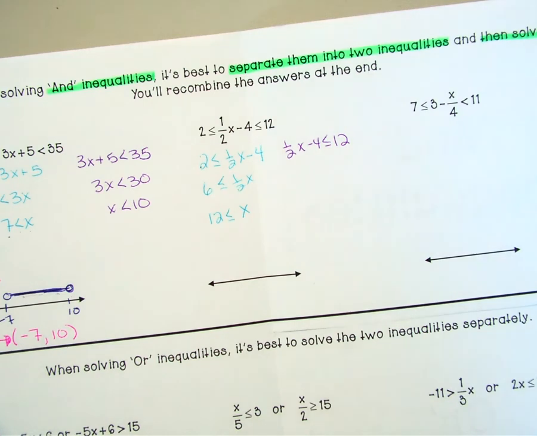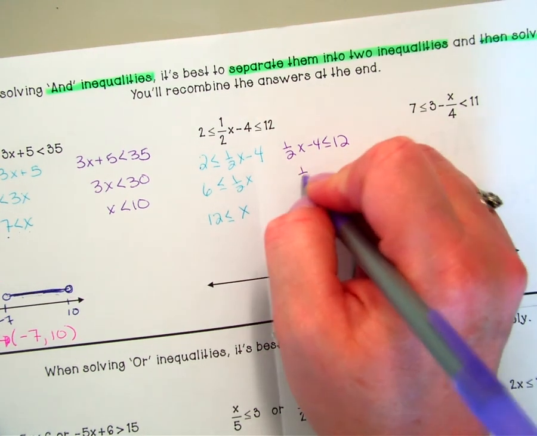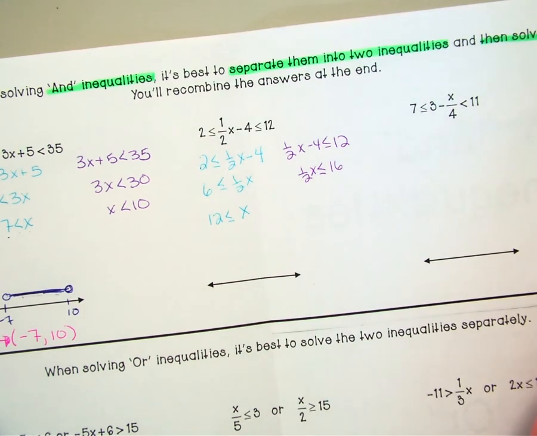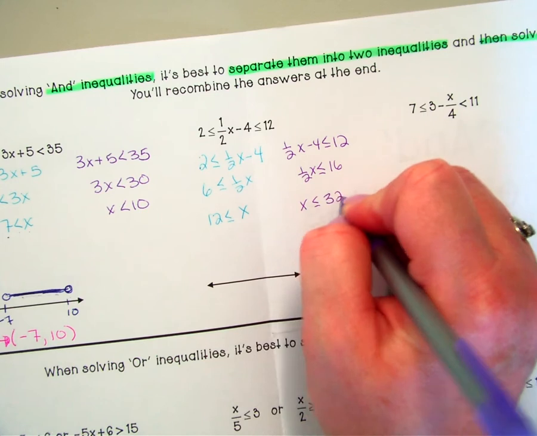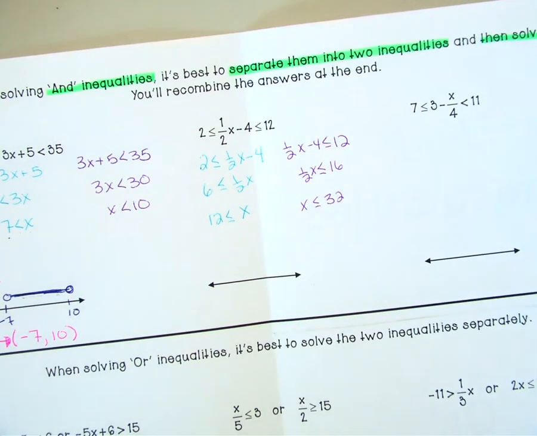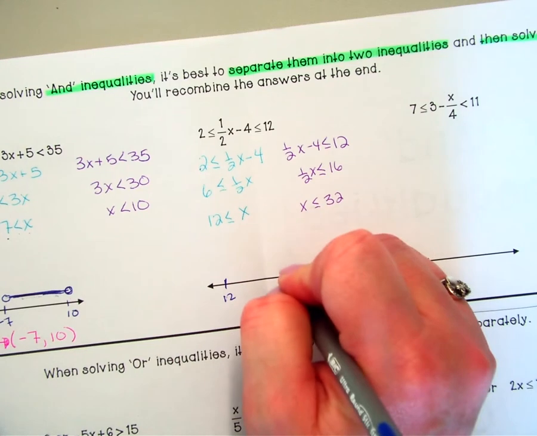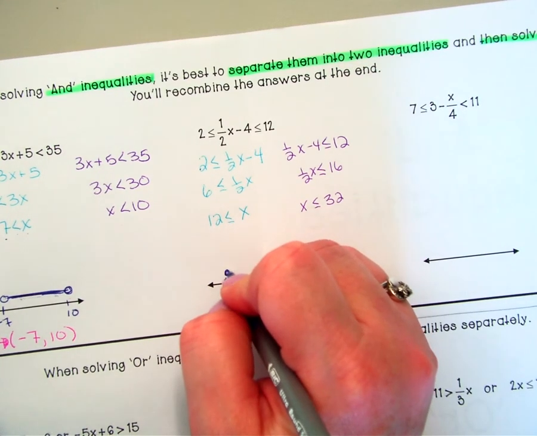Again, going from the x, the variable. This one I'm going to add my 4. Oops, left off my x. I'm going to multiply by 2. And I get x is less than or equal to 32. So I need to get a 12 and a 32. These are closed circles.